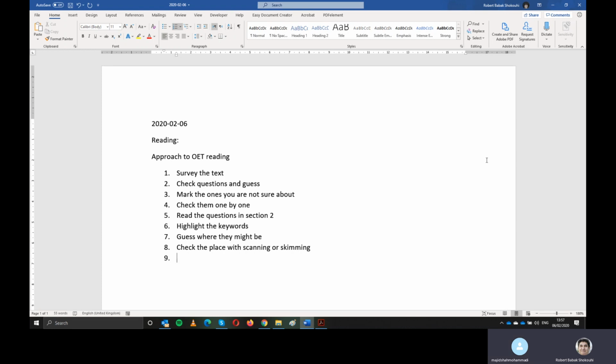So then the next part, again, section 3, check keywords, and decide on the type that is the grammatically correct word.